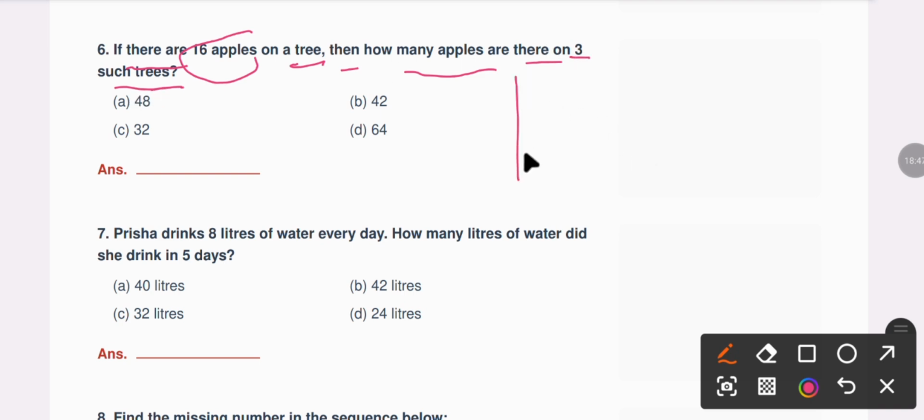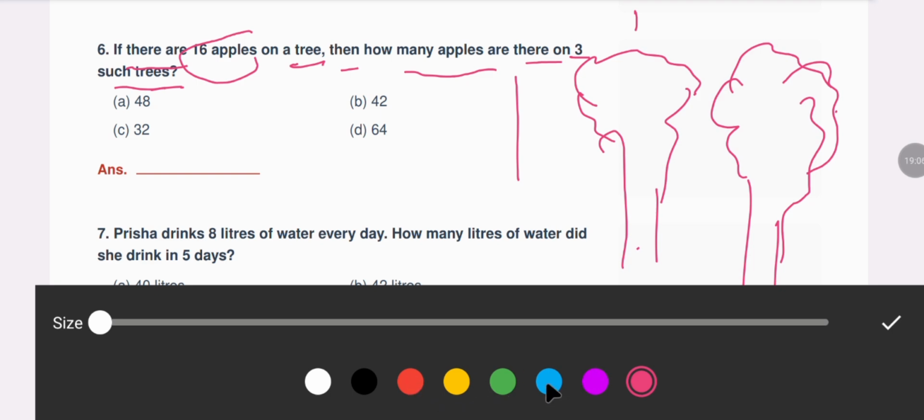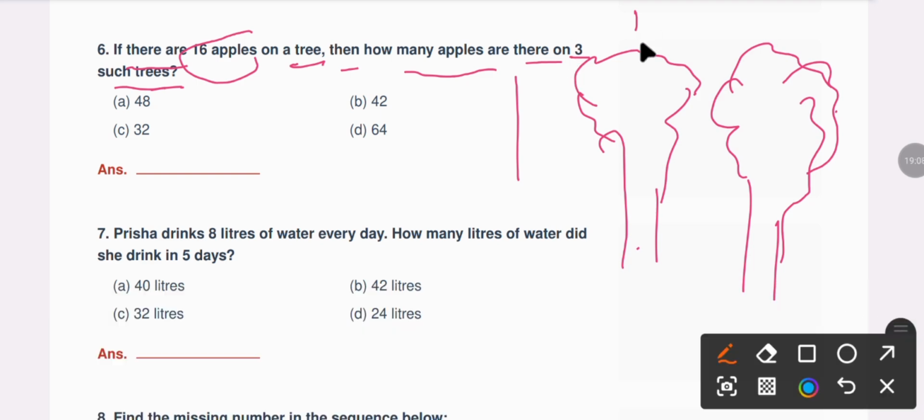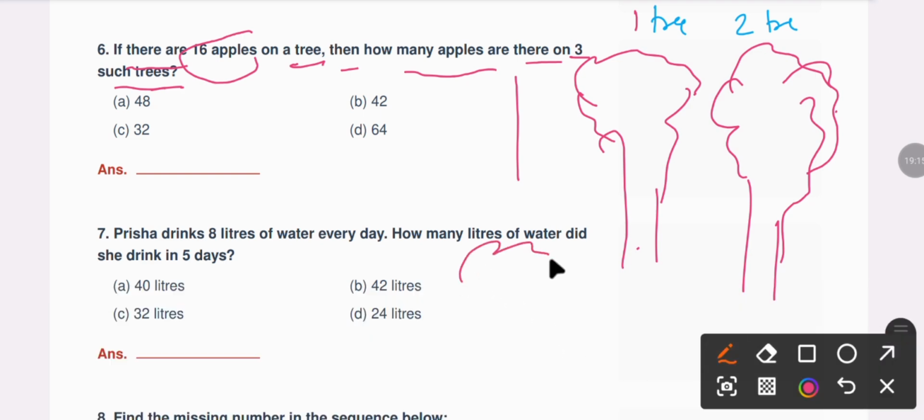Suppose here this is one tree, this is second, and let me make the third tree also. Yes, this is third tree.